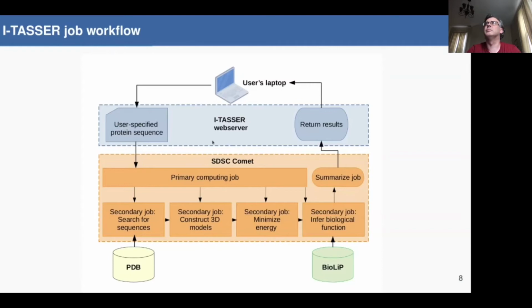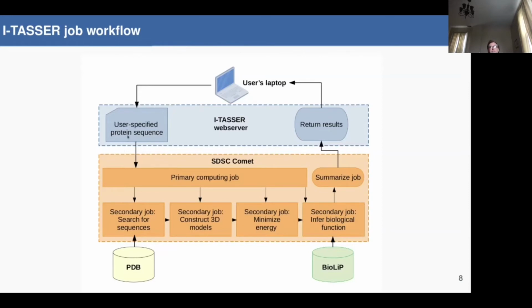Here's the web server, which is representing the gateway itself. And this orange box is the HPC resource, in this case SDSC Comet, that is backing this gateway with computation. This is just an example of one gateway and how one of the workflows on it might work. So here's what happens. The user comes in, authenticates on the gateway, and passes in their amino acid sequence.